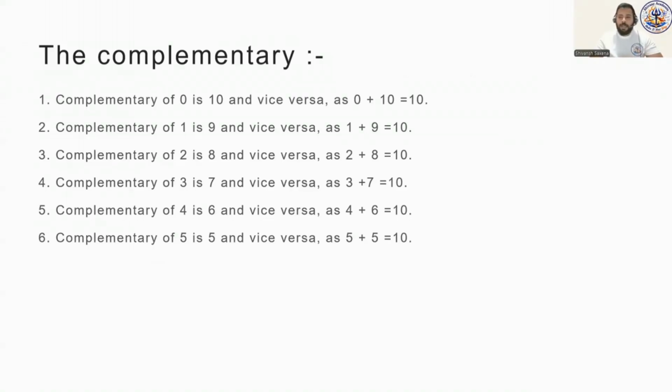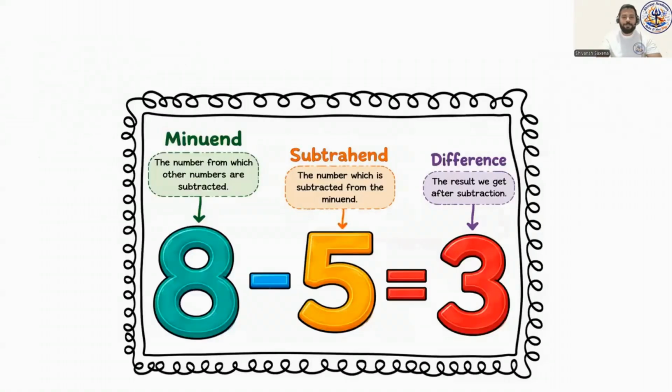Now, some of you might have the question, we are going to discover the method for faster subtraction, but why are we talking about this addition part? Soon you will understand how this complementary helps, what part it will play during the subtraction method.